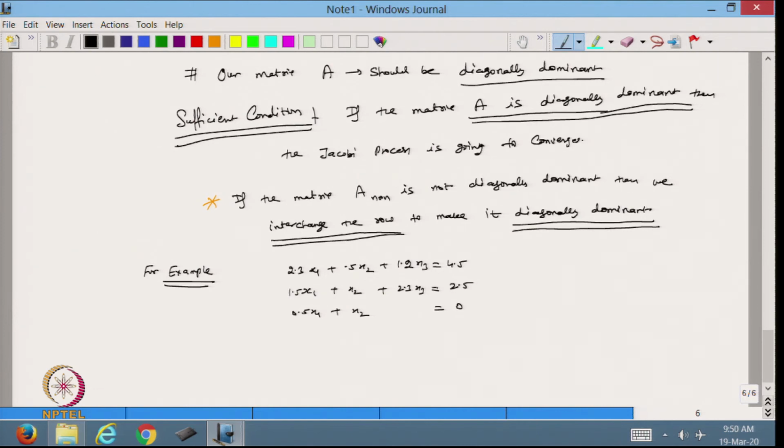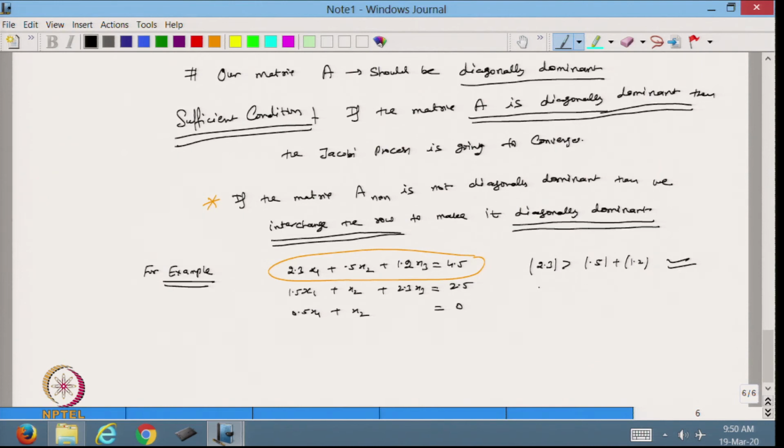In this case, the first row is okay, it looks diagonal dominant. How can we check? From here I can check that 2.3 is greater than 0.5 plus 1.2. So that is okay. What about the second one?